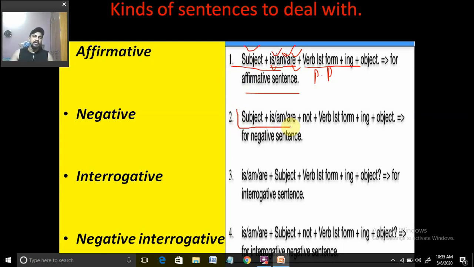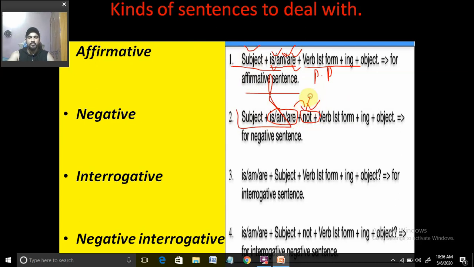When we want to make a negative statement, we need to see where the helping verb is, and after the helping verb we put the negation sign. Here you can see that is, am, are is the helping verb, and not is the negation word used after it.